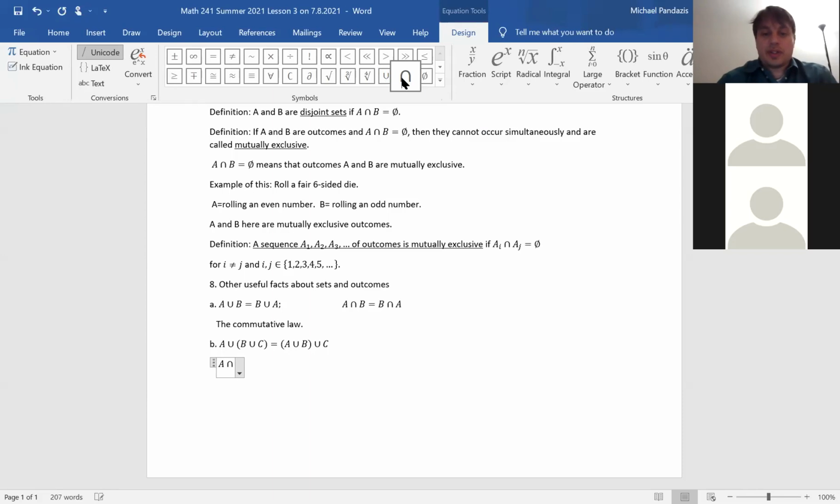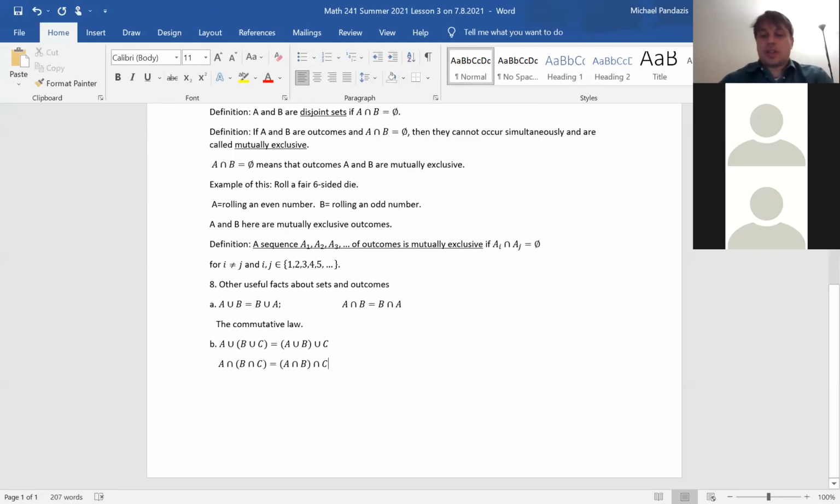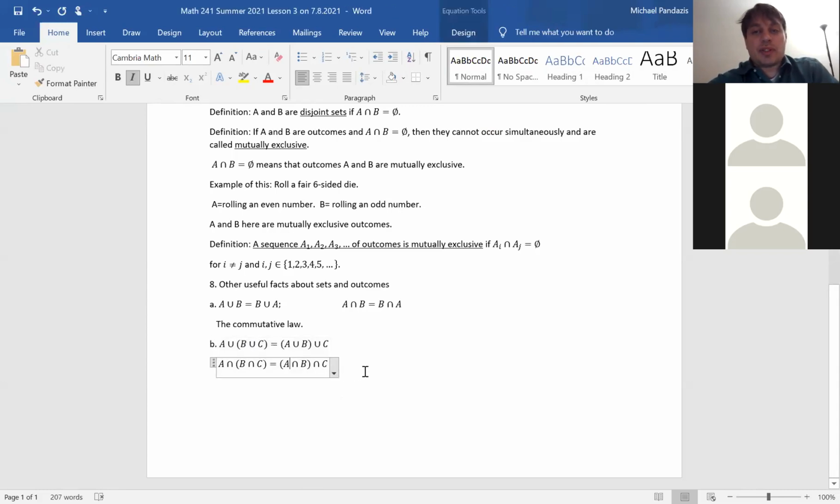So A intersection B intersection C is equal to A intersection B intersection C, with the parentheses moved. The only thing that changed was where the parentheses were from the left to the right side. So the sets are the same, the operation is the same, but the order that you do the operations is different, right? But you still get equality.